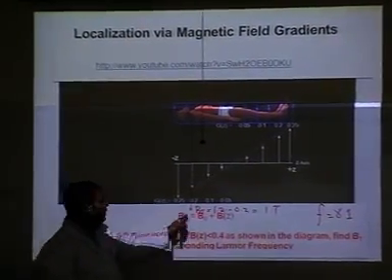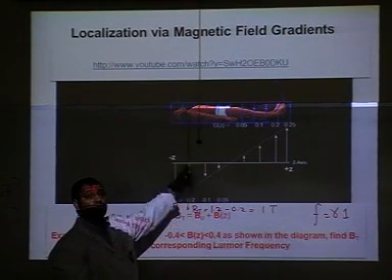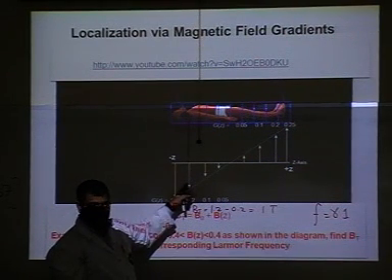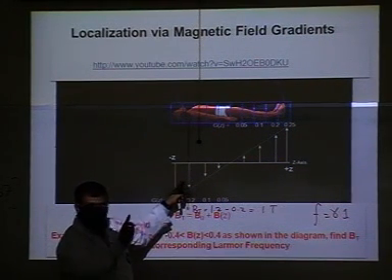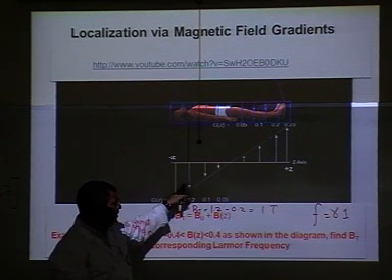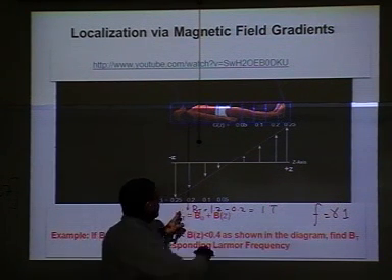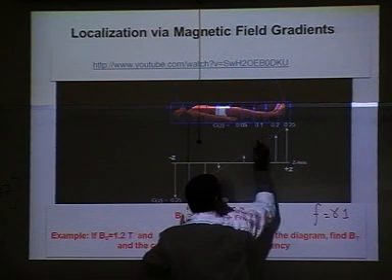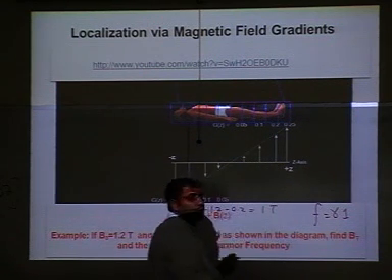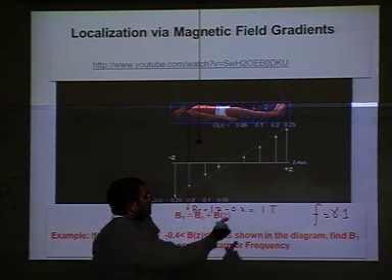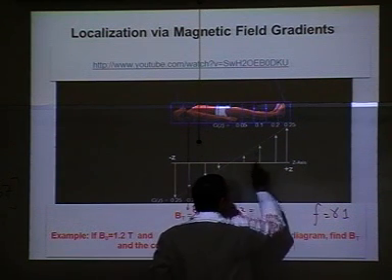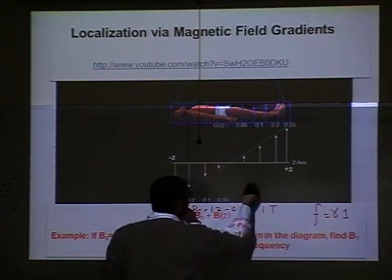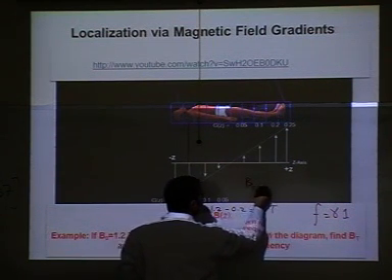The only one at resonance is this region. Got it? Give me one second and then I'll give you time to ask questions. Now, what happens if I wanted to look at only this region right here? My B total would be equal to what?